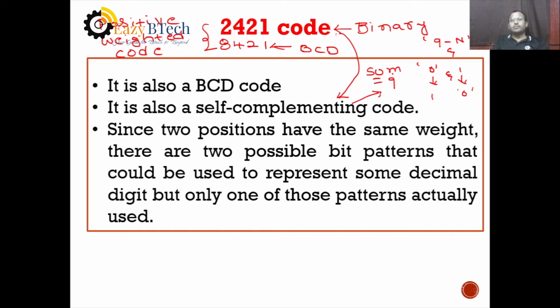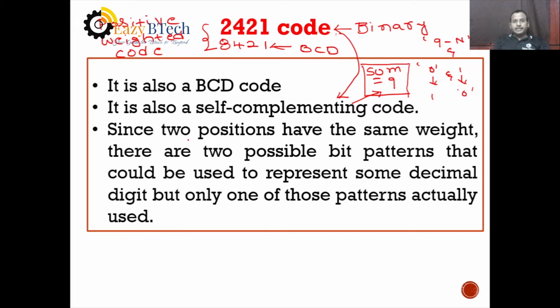If you check 2421 code, 2 plus 4 is 6, 6 plus 2 is 8, 8 plus 1 is 9. So in general, if the sum of weights of all the positions is 9, then mostly all of them are self-complementing codes.